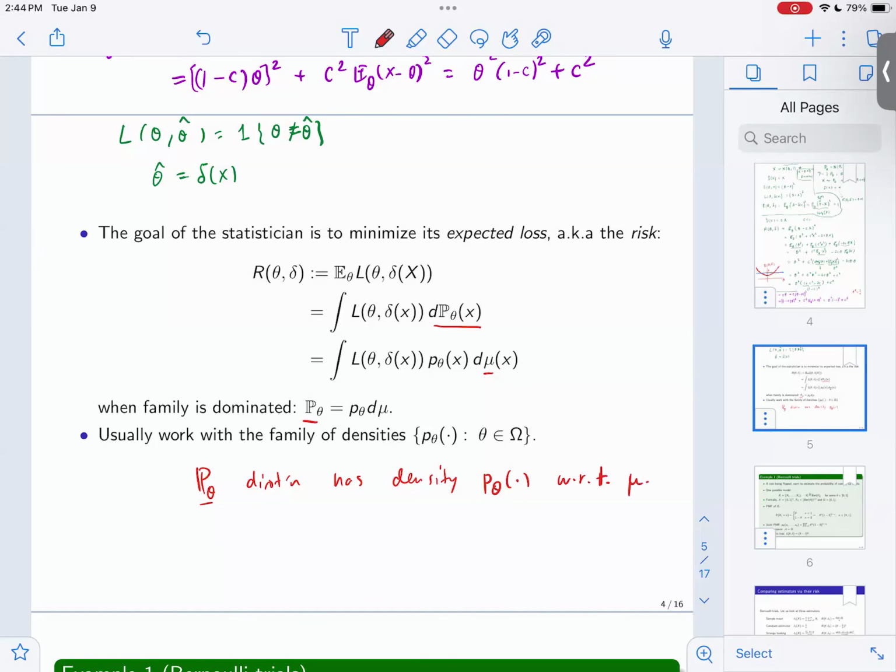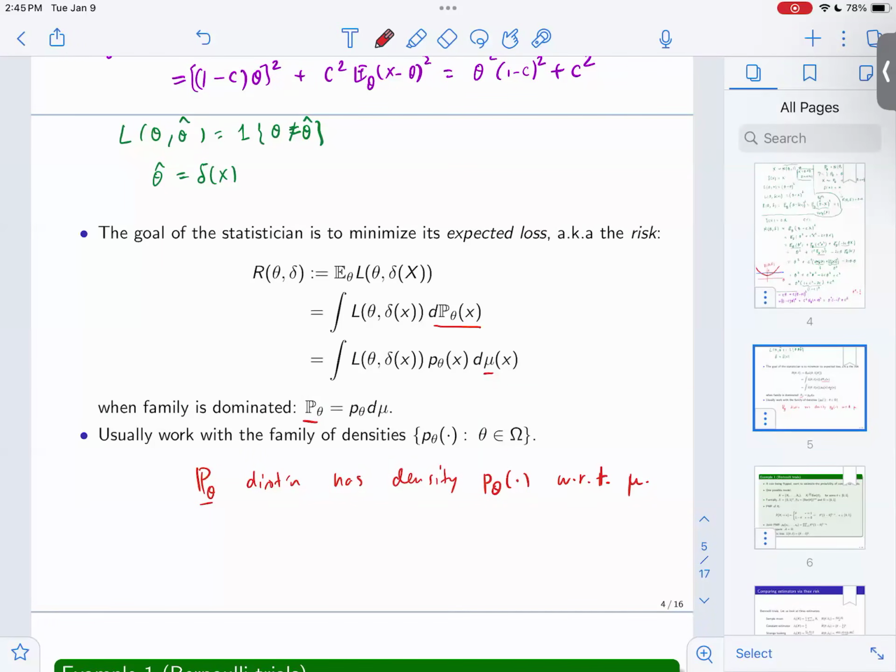This is the setting we often work with. In the continuous case, mu would be Lebesgue measure, and the densities with respect to Lebesgue measure are the usual densities that you see, like Gaussian, uniform. In the discrete case, mu is usually the counting measure, and then this density would really be the probability mass function. That's how measure theory unifies everything.